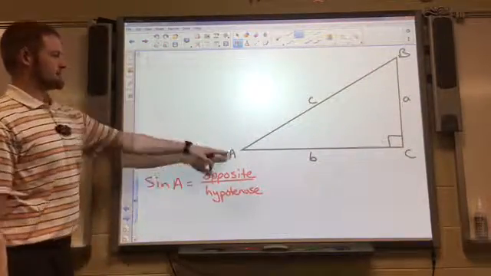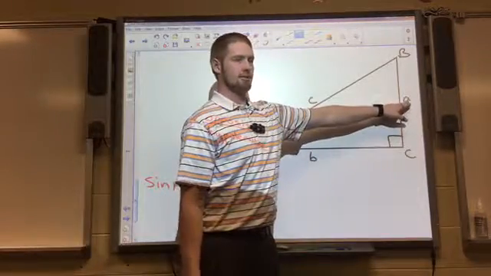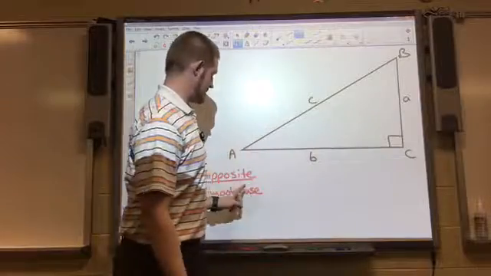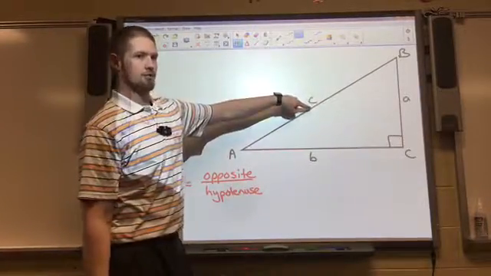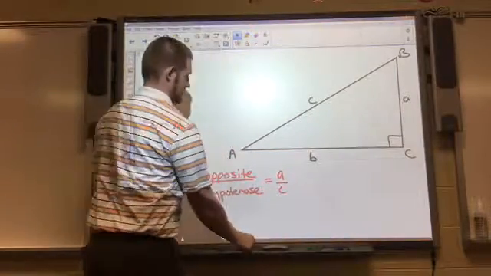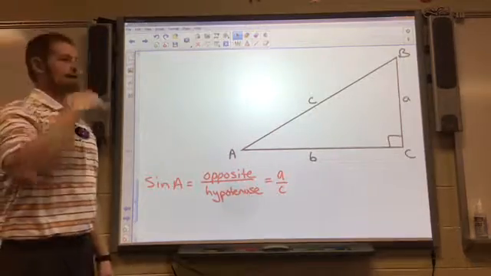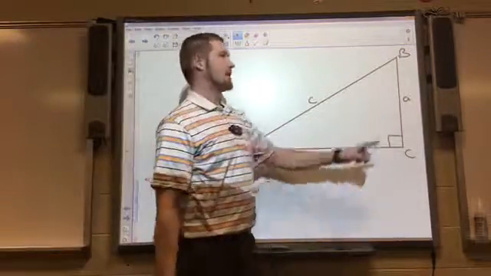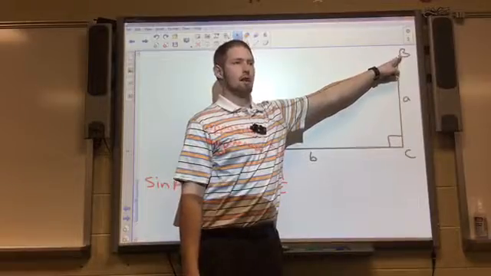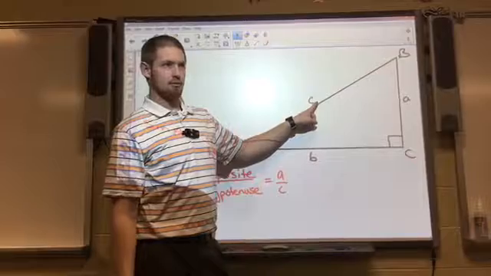So to find the sine of A, it's going to be your opposite side, which is A, divided by your hypotenuse, which is C. So it's going to be A divided by C. If I asked you to find the sine of B, what would that be? B divided by C, correct?